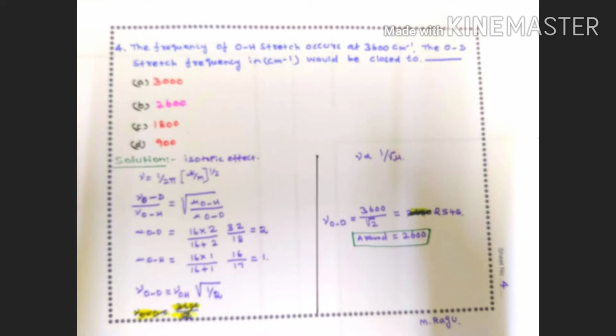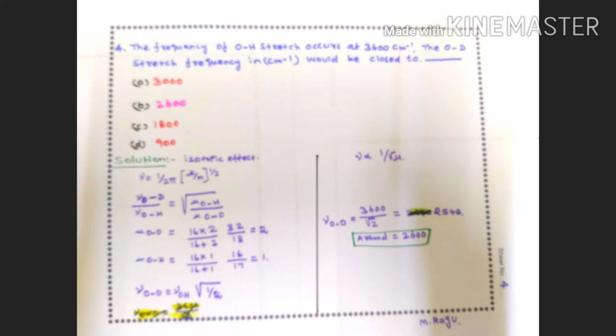There are two atoms, oxygen and hydrogen, or oxygen and deuterium. Nu O minus D divided by nu O minus H is the root of mu OH divided by mu OD. Mu OD is equal to 16 into 2.